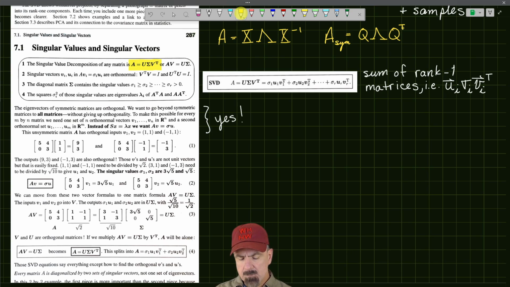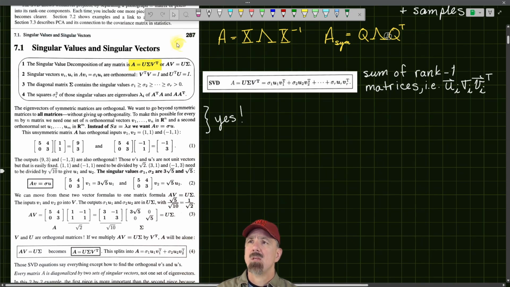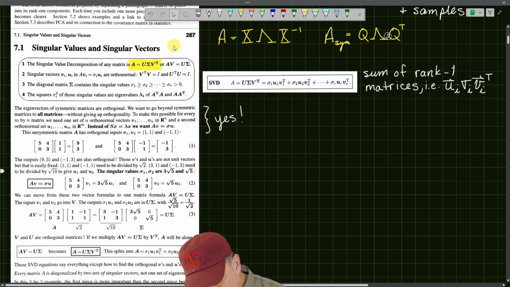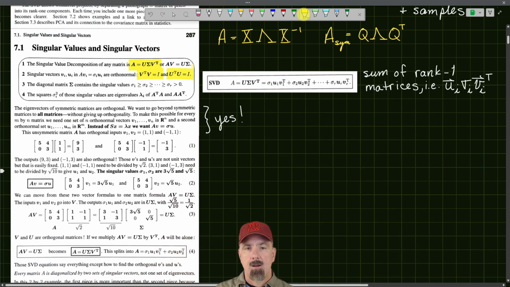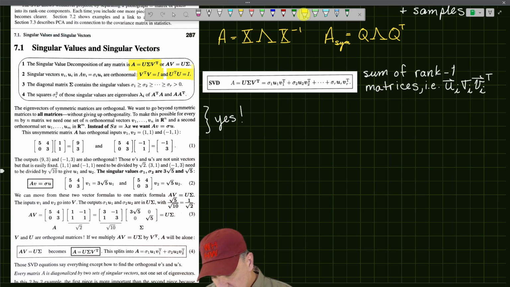And in the situation that we have for the singular value decomposition, we are leveraging the ideas of symmetric matrices and positive definite matrices. So we'll look at all of the information associated with the fact that U and V are both orthogonal matrices.